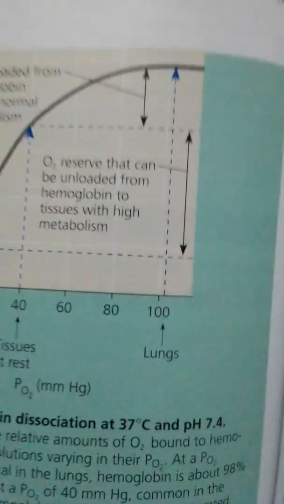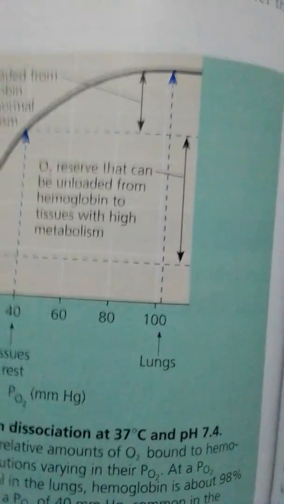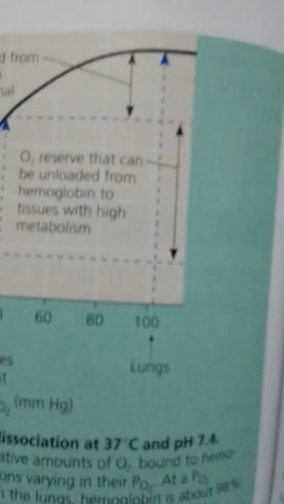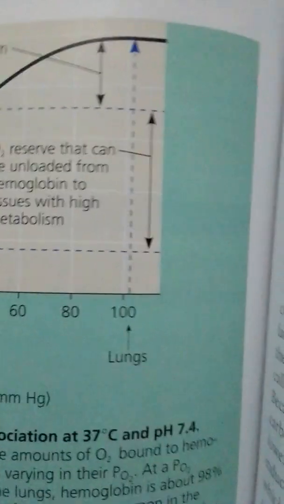In our example of an exercising human with a delivery rate of 80%, that greatly reduces the cardiac output necessary for O2 transport to a manageable 12.5 liters of blood per minute.